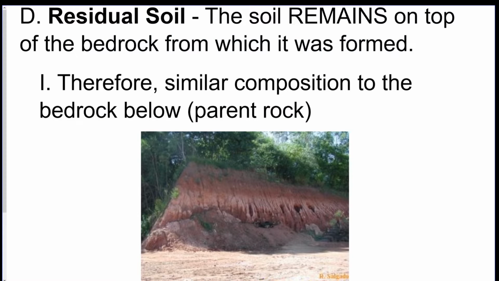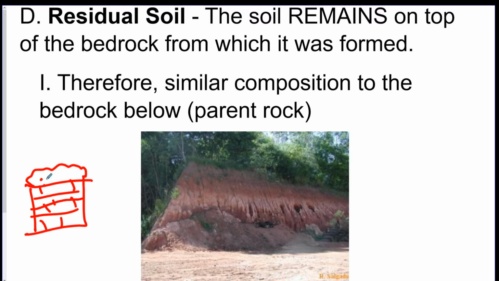Now, the second type of soil is called residual soil. And the way that I remember it is residual sort of looks like resident. And resident means it's coming from a certain area, like the same area. Residual soil means the soil came from the same area that it's currently in. So if I would do the same example, rock layer A, we'll say this is limestone.